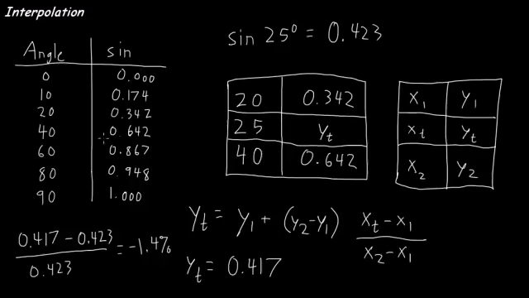What I'm trying to tell you is that none of those things matter as long as you set up your table properly. So just take the table as it is and put the values in the same order they appear in the table. So here I've got 20, 25, 40, and here I've got 0.342, my unknown, and 0.642. So whatever those values are, just put them in the same place in this table and use these variables, and I promise you the math will work out.